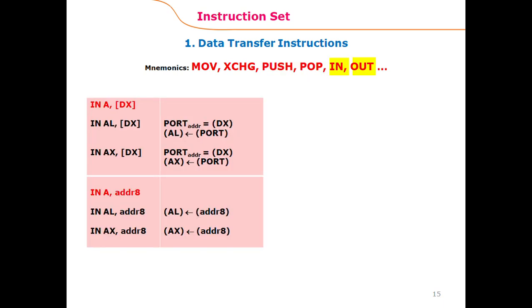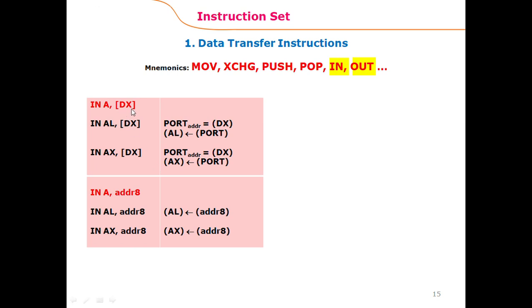Just like push and pop, IN and OUT are also data transfer instructions. In the IN instruction, there is a register and there is a memory location. There is another register that provides the address of the input port.